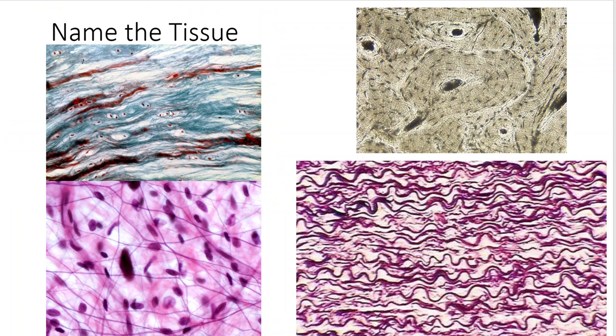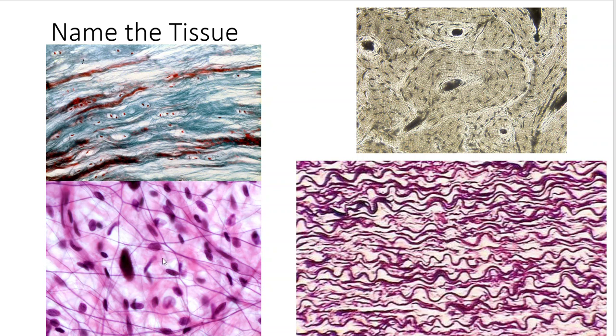Okay, what do you guys think about that one? Let's see. I see cells in lacunae. I see fibers, but not all over the place. I would call that fibrocartilage, based on the density of the fibers right here.